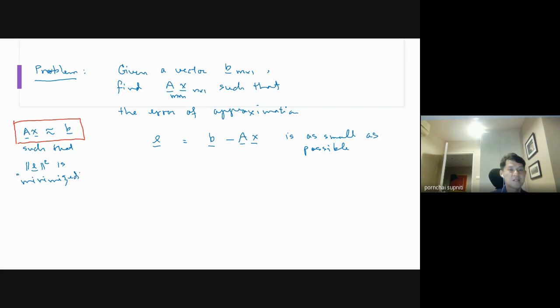So the left-hand side here and the right-hand side are the same. So that's what we want to do. So how do we do it?